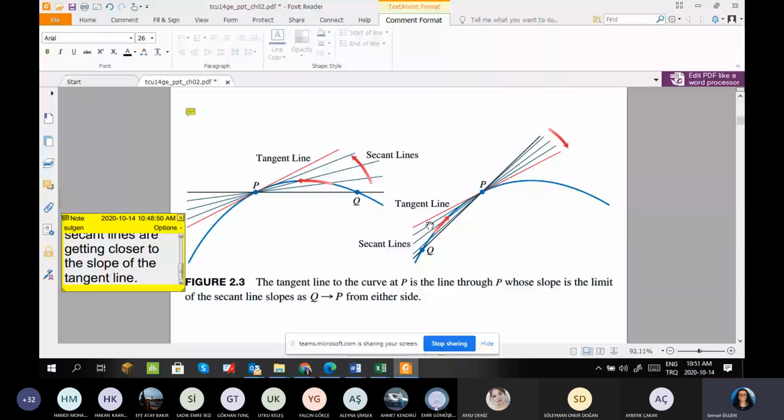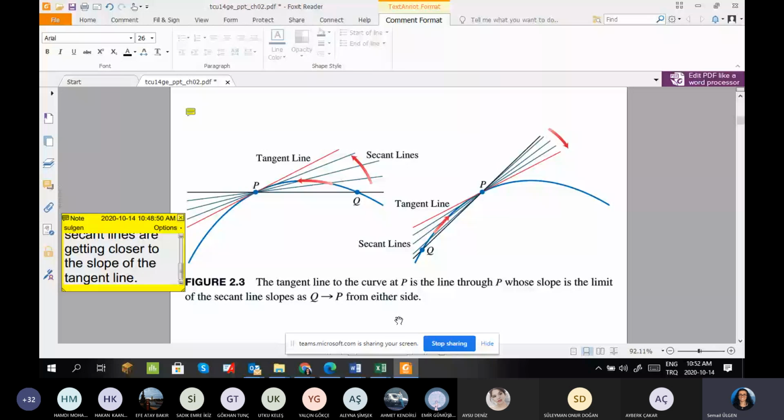It's the same tangent line, but you are forming the secant lines from the left and from the right. So the tangent line to the curve at P is the line through P whose slope is the limit of the secant line slopes as Q approaches P from either side. That's what we can say.